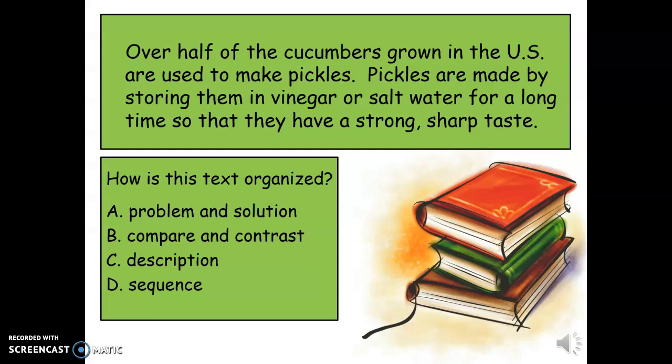So after reading over this the first time, I don't see any particular clue words that stand out to me, except for maybe the word so, which sometimes would indicate a cause and effect. But I'm not convinced that this particular text has that structure. So I'm going to look back and see if anything else stands out to me. The topic obviously is pickles, and it seems like we're being explained how they are made, but also some details about them, particularly their taste.